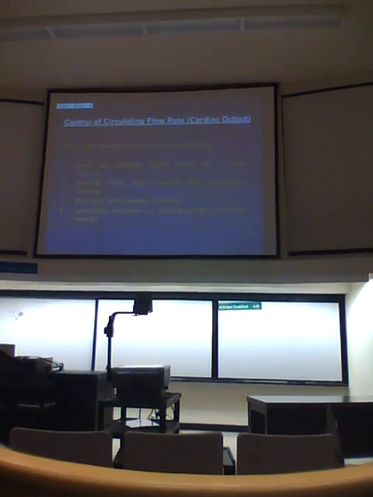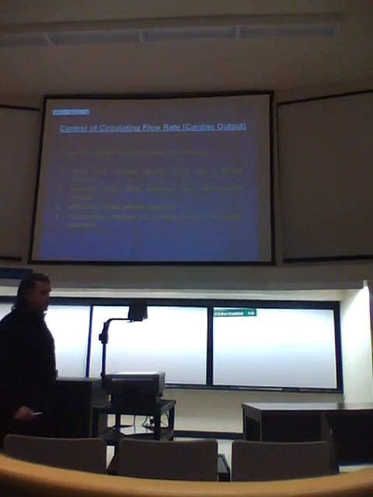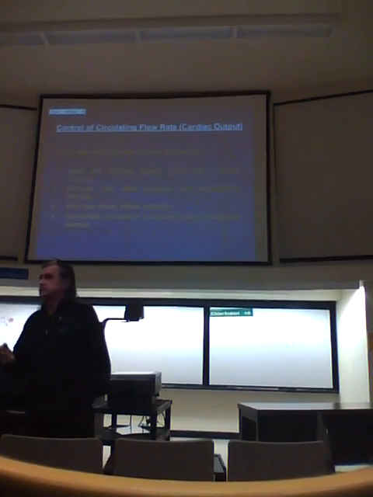The simplest way is to control circulation flow rate, and you want to change cardiac output. The easiest way to do this, change cardiac output, is simply change heart rate.